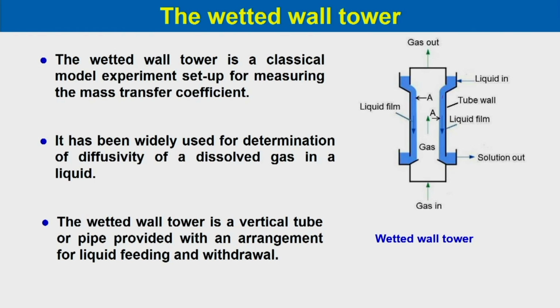The wetted wall tower is a vertical tube or pipe provided with an arrangement for liquid feeding and withdrawal. You can see over here a counter current operation of gas and liquid, but it can also be made co-current.